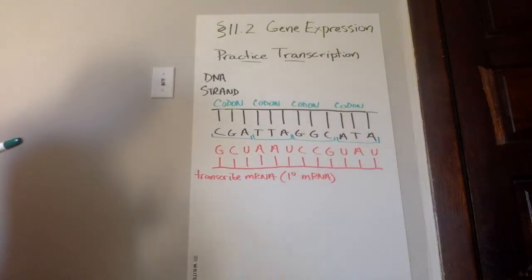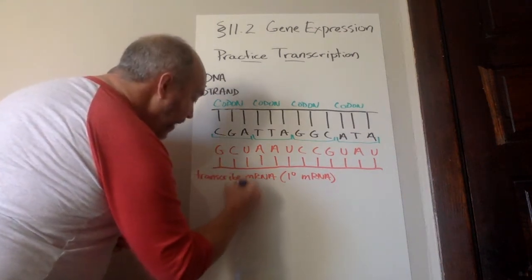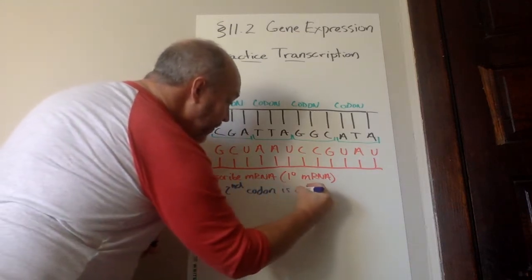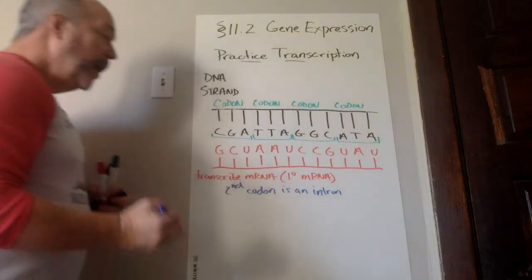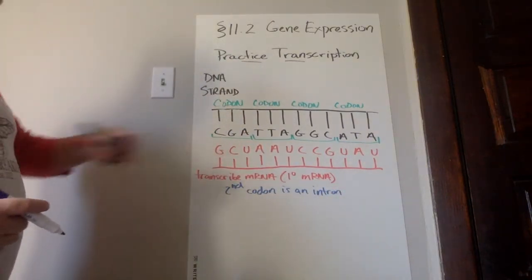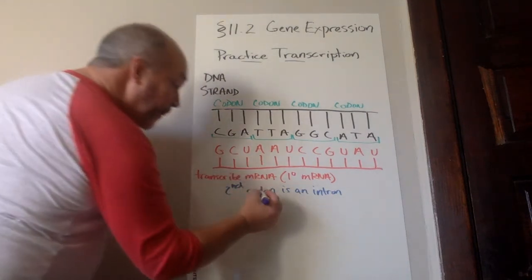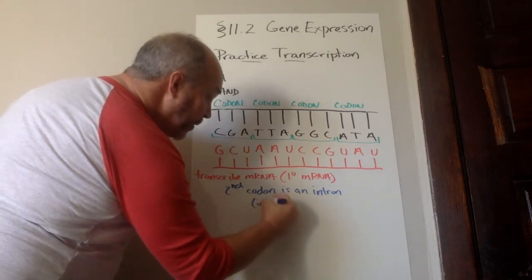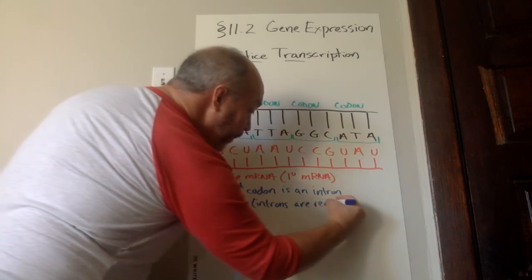If I were to give you instructions and say that the second codon is an intron, then we could process this mRNA and make it into a mature one. So if the second codon is an intron, remember introns are removed.